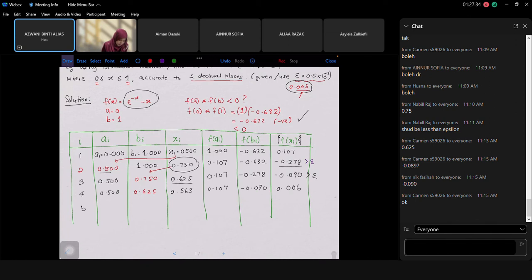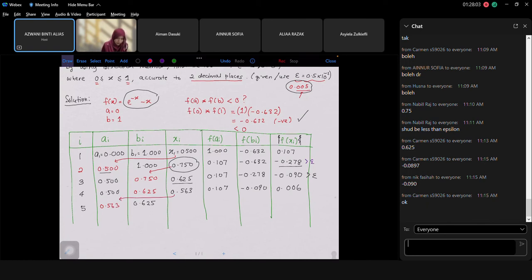Kena proceed lagi the fifth iteration. Tengok dua ni positif, so tak boleh consider. Okay, tak boleh consider. And then tengok dua ni negatif. Negatif, so it means that B, the point untuk B kekalkan. The point untuk B kekalkan 0.25. The point untuk A kena ubah 0.563. Ambil daripada ni, kan?